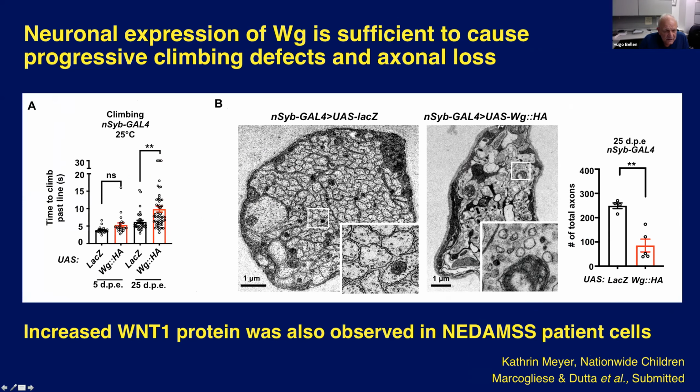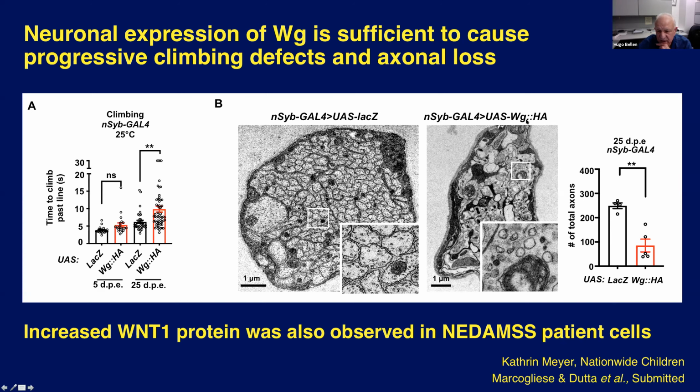Finally, since we know relatively little about Wnt signaling in the adult nervous system, this raises a question: is it sufficient to overexpress the wingless protein in the fly, and does it cause an effect? As shown here, when we overexpress LacZ and look at the nerve of the wing, we don't see any phenotype.